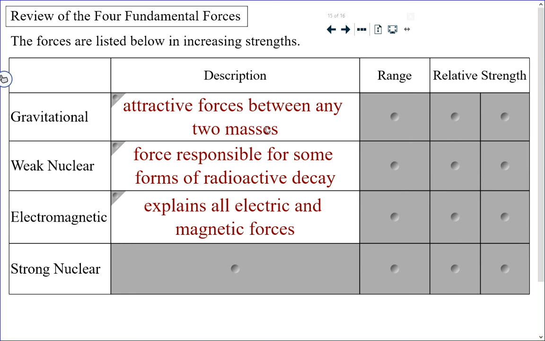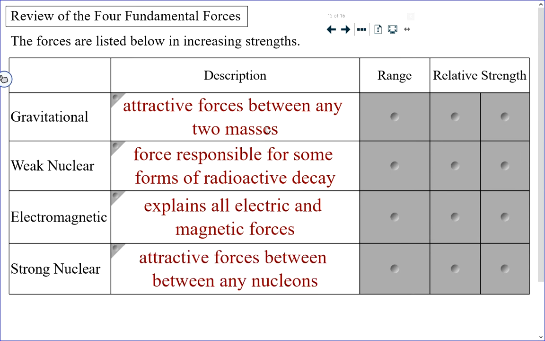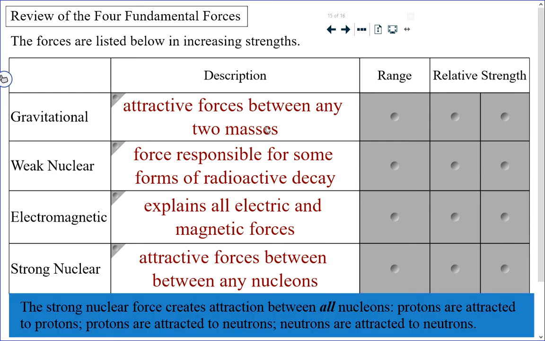The weak nuclear force is something that's responsible for particular types of radioactive decay that we will learn about in, I believe, 2 lessons. And the strong nuclear force is the one that is keeping those protons from flying apart. So the force that is overcoming that 920 newtons of repulsion is called the strong nuclear force, and it's an attractive force.